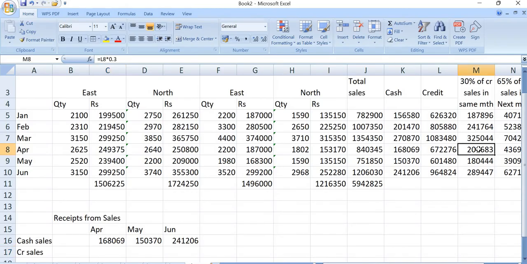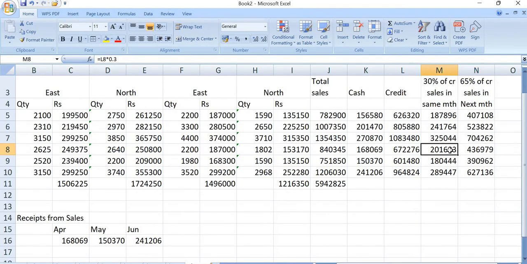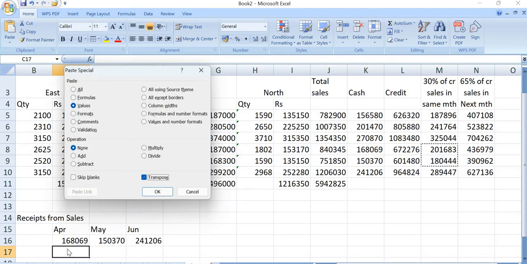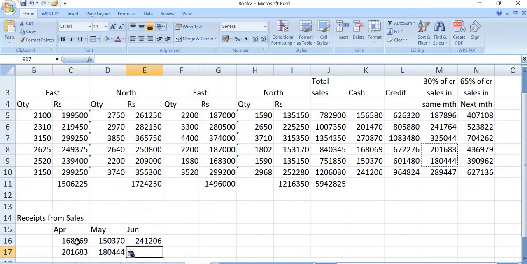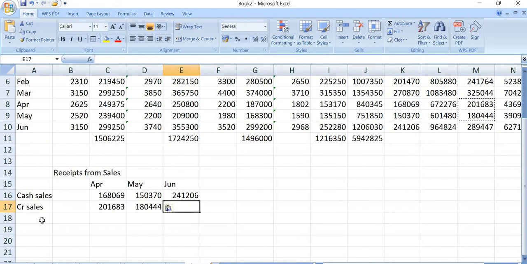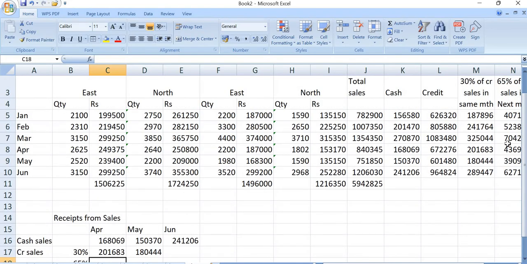For May, 153,70, and for June, 241,206. So credit sales. So for April, I will be collecting this one, 201,683 and 180,444. So for April and May I'm doing this. For June I'm leaving it as blank because for June we are going for factoring. So they will be calculating that one separately.